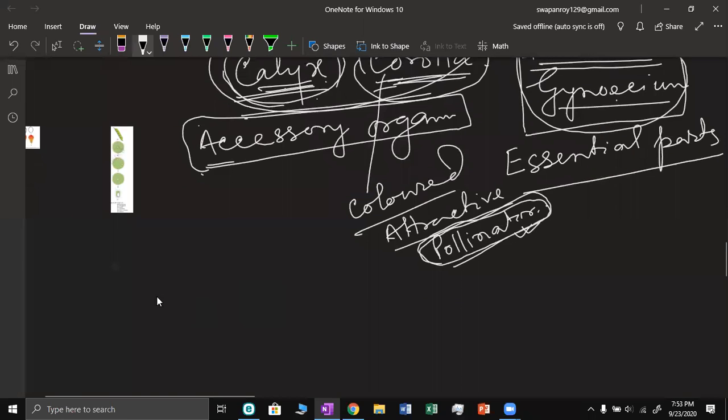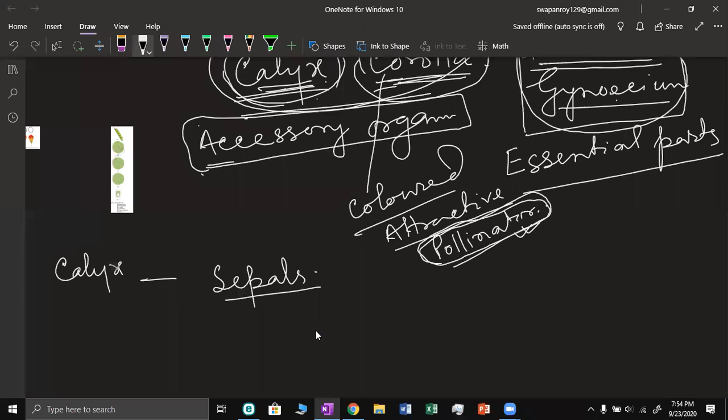If we see the calyx, it is made of sepals. The number of sepals varies in different plants, in different species. Usually, in most of the cases, you will find it is 5, or like in trimerous flower, it is 3 or multiple of 3.